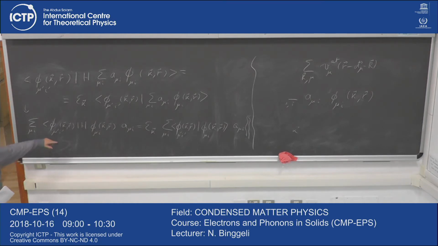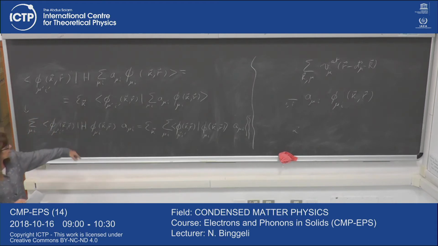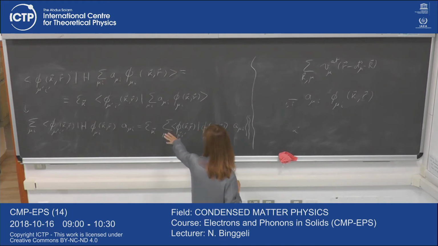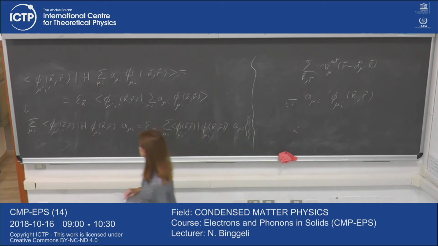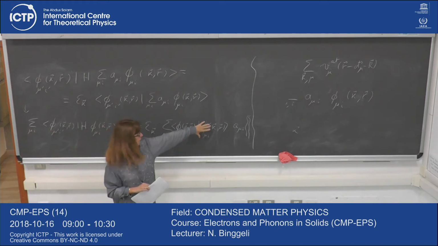I'm summing the matrix element of the Hamiltonian over my basis function, times the coefficient, epsilon k, the eigenvalue, times this overlap matrix times the coefficient A. So again, I obtain a matrix eigenvalue eigenvector equation system. The difference with respect to the plane wave case is that we have here also an overlap matrix.